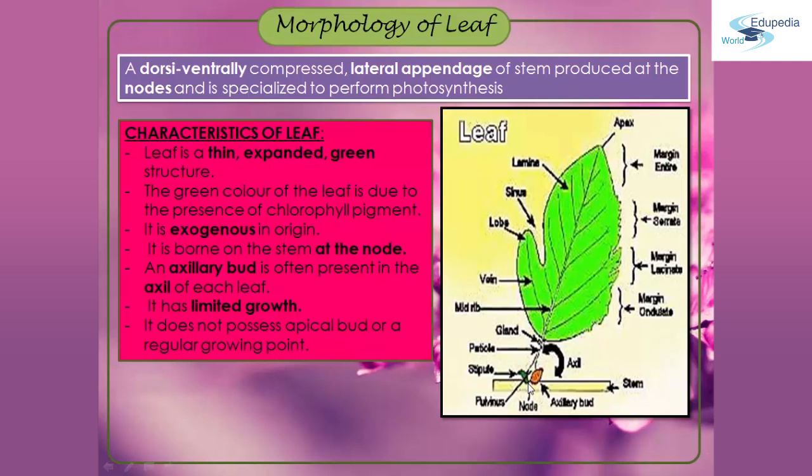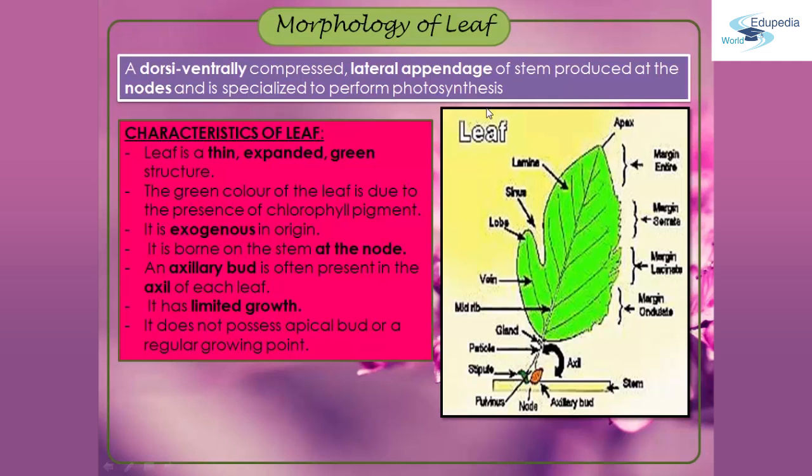Leaves originate from the shoot apical meristem and they are arranged in an acropetal succession. They are the most important vegetative organ for photosynthesis. So, in short, we can say that it is a dorsiventrally compressed, flattened structure, a lateral appendage of the stem produced at the node and specialized to perform photosynthesis.